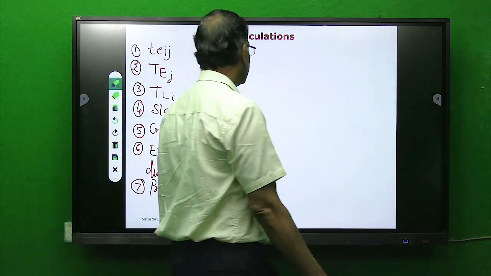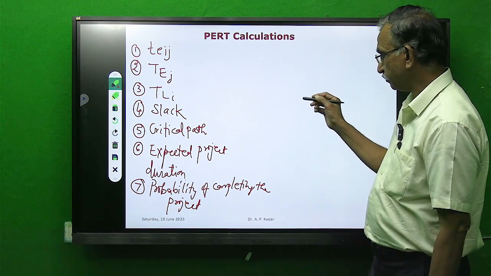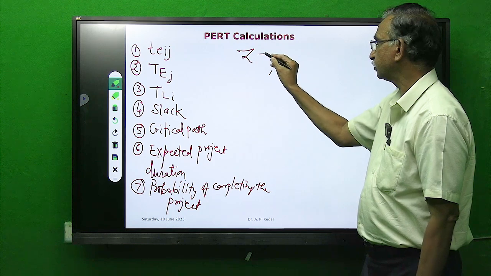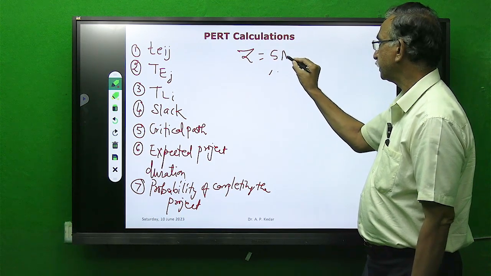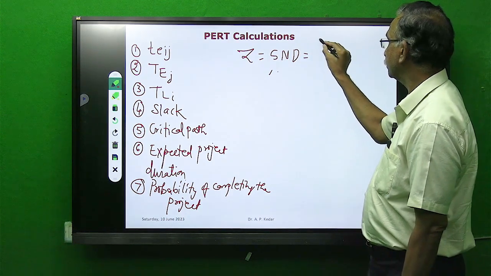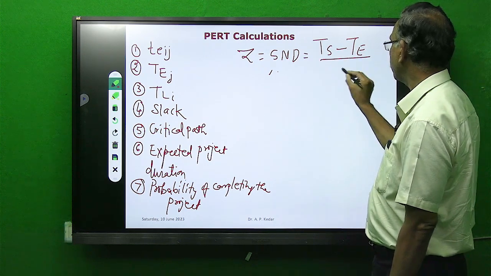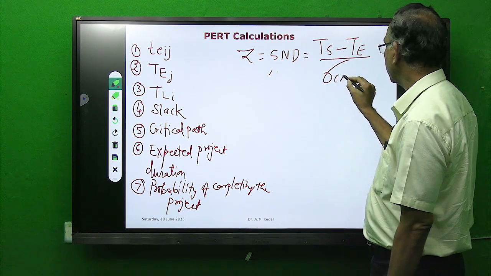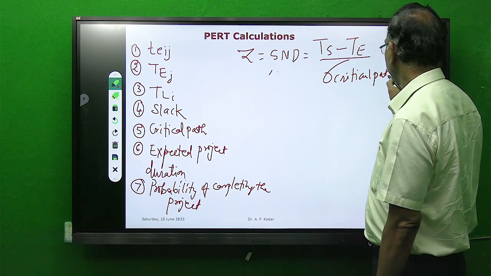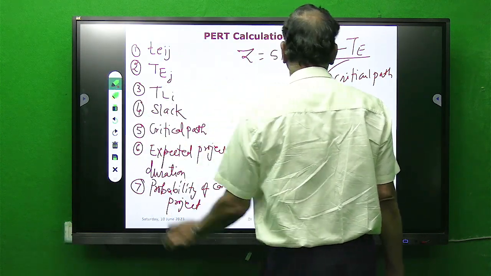Now for that, what we will be using is the relation Z is equal to, I am writing SND, standard normal deviate, is equal to TS minus TE upon sigma critical path. Very important point we are discussing, students.